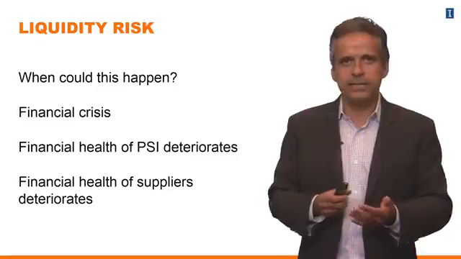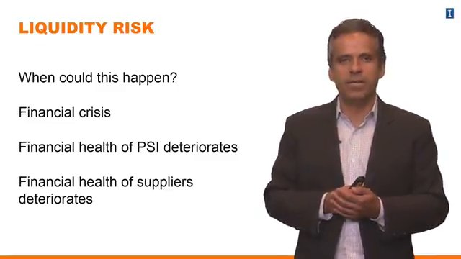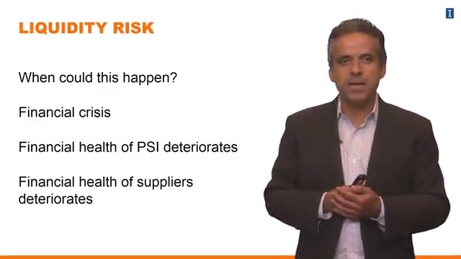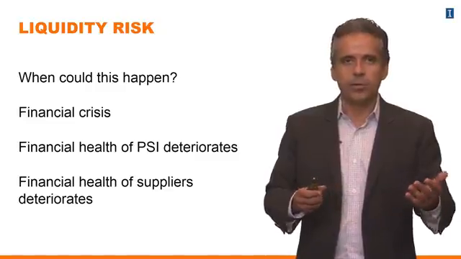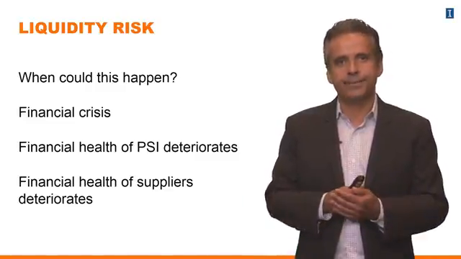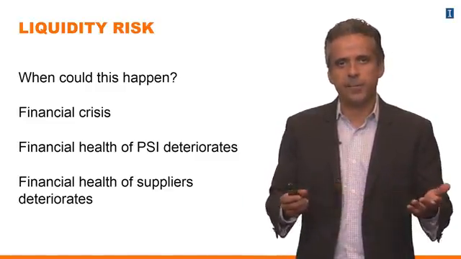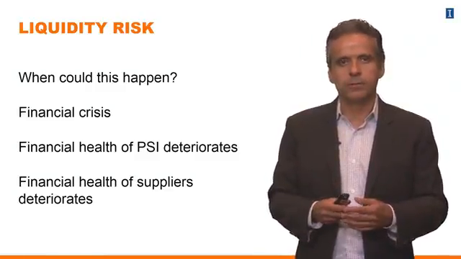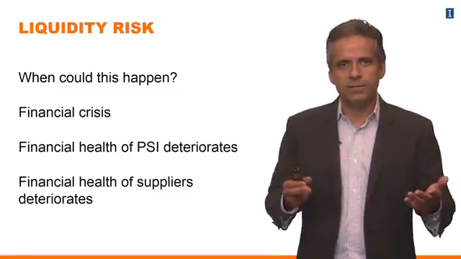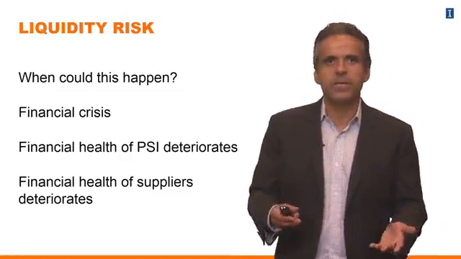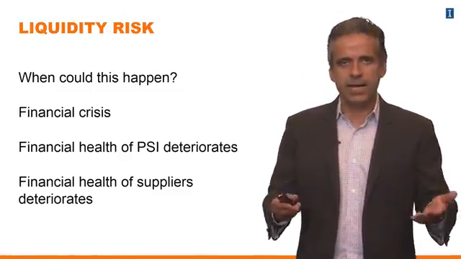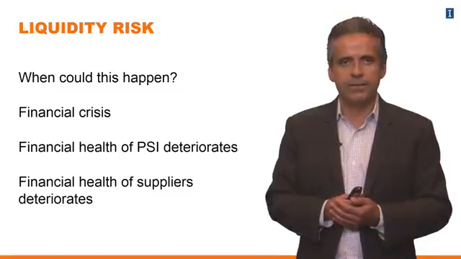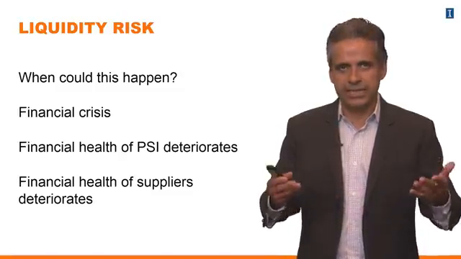The other possibility is when the financial health of PSI deteriorates. Maybe their sales are going to grow less than expected, or perhaps their costs are going to go up, their inventory is going to go up. So if the financial health of PSI deteriorates, then they might have to refinance, and the suppliers may actually deny the financing.